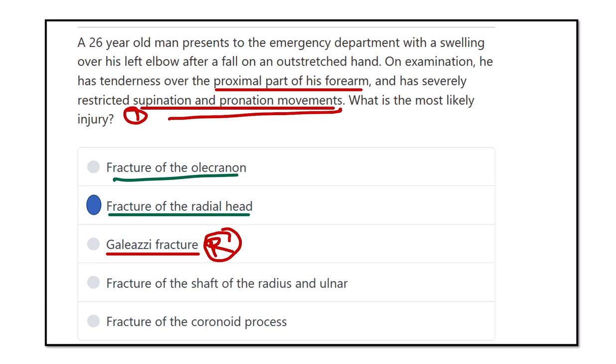Fracture of the shaft of the radius and ulna, but here this is the proximal part of the forearm, not the middle part of the forearm. And fracture of the coronoid process is also not true, because the coronoid process is also a part of the ulnar bone. So as supination and pronation movement is restricted in this condition, the answer will be fracture of the radial head.